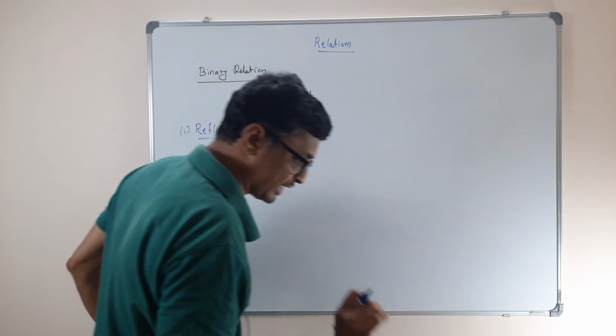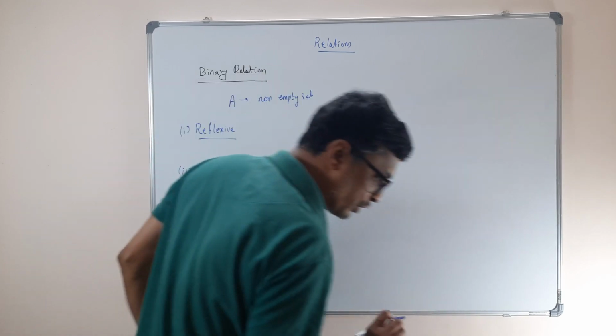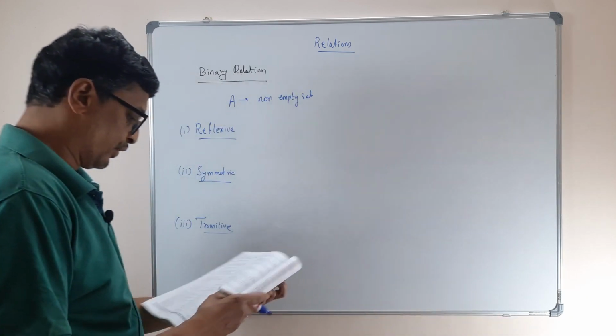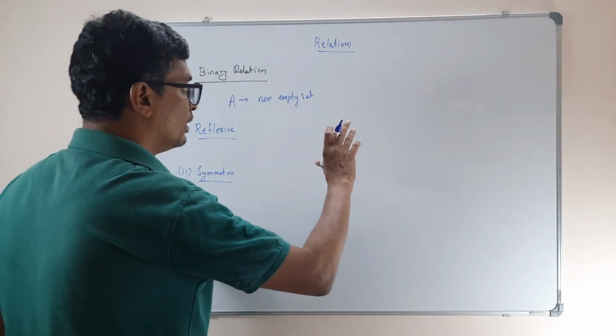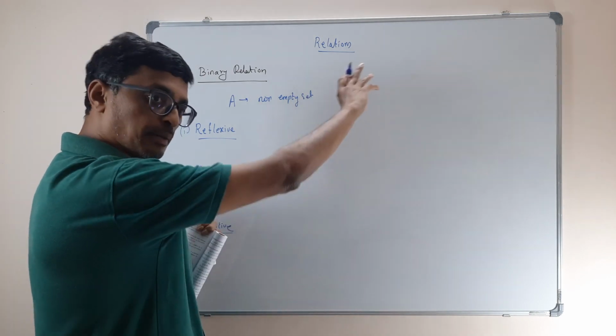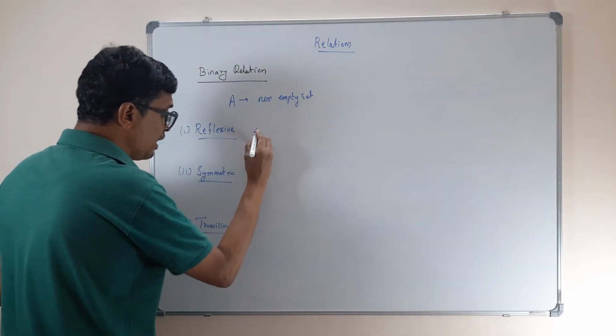So now that relation can be categorized into three types depending upon what the elements of that relation are. The first one is reflexive. You created a binary relation based on some condition.